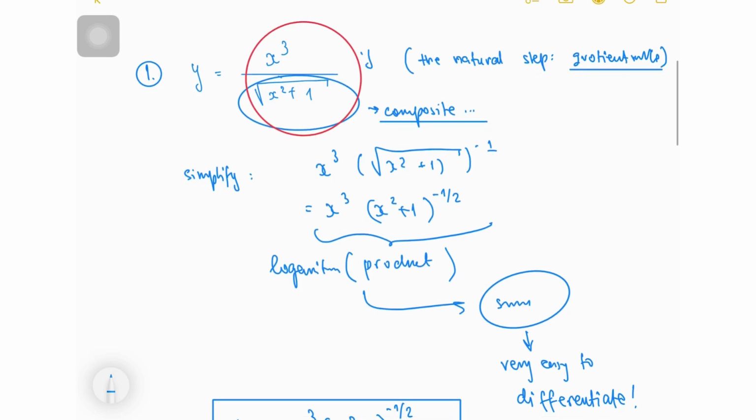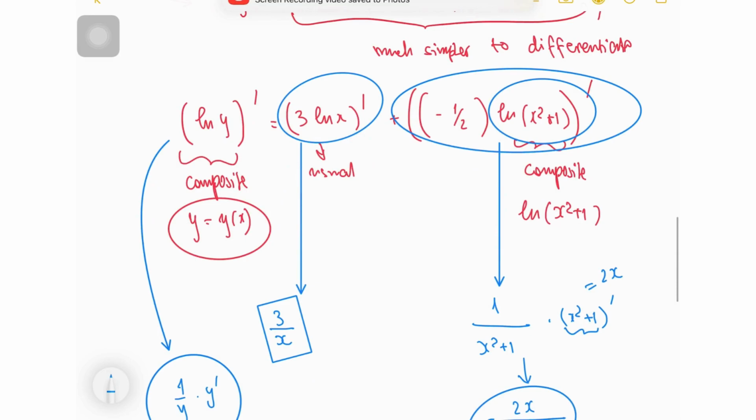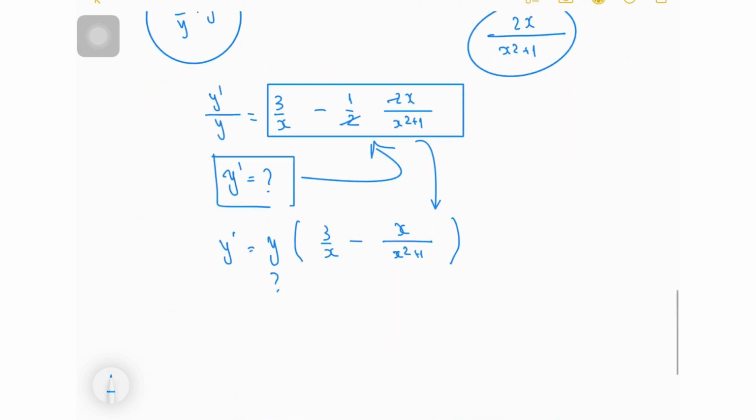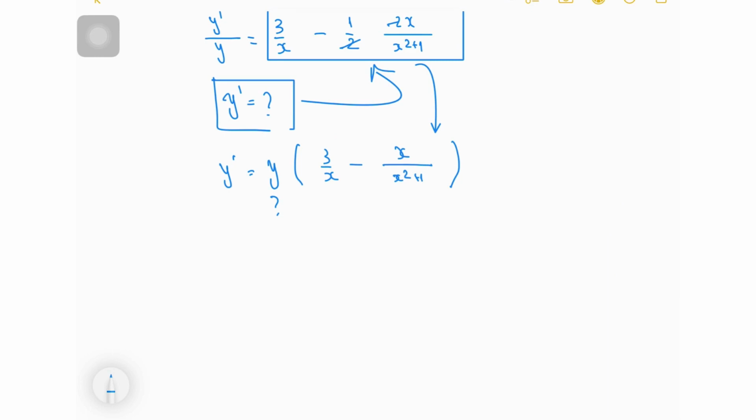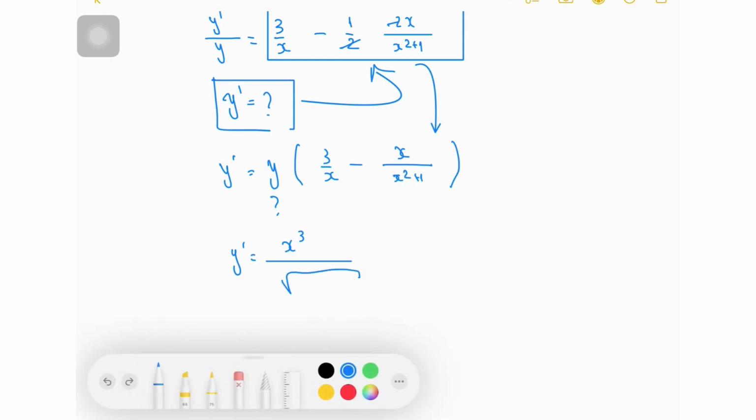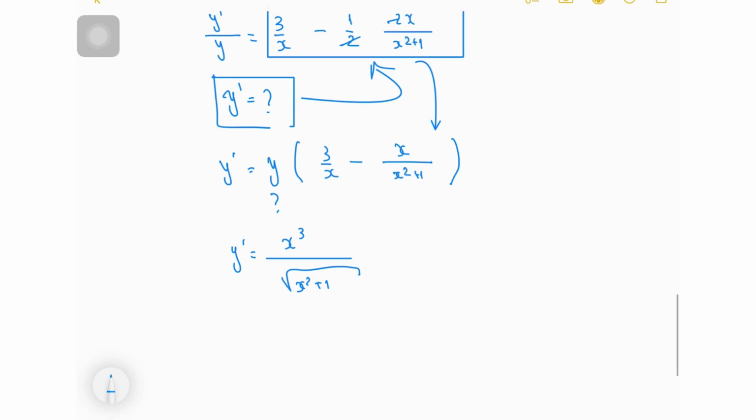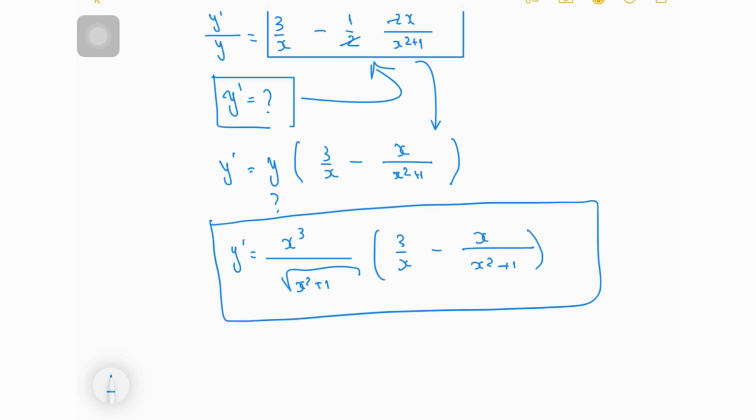So that is x cubed over the square root of x squared plus 1, and then times 3 over x minus x over x squared plus 1. And this is the final answer.